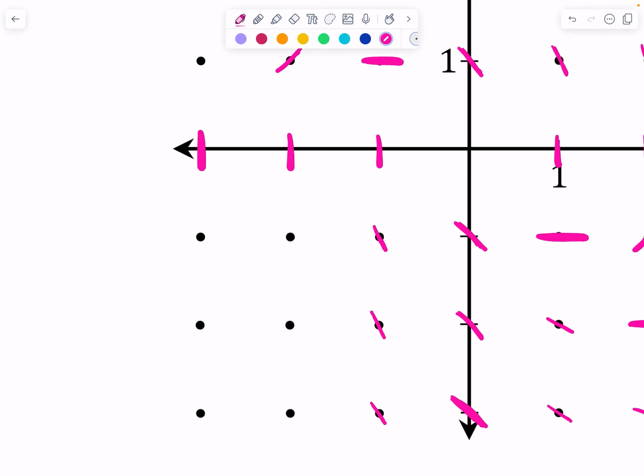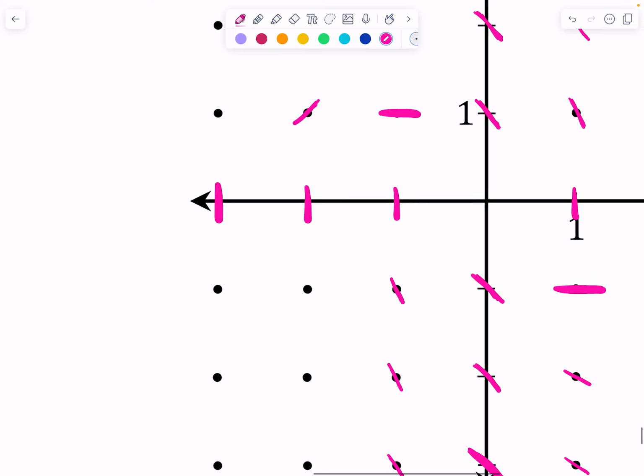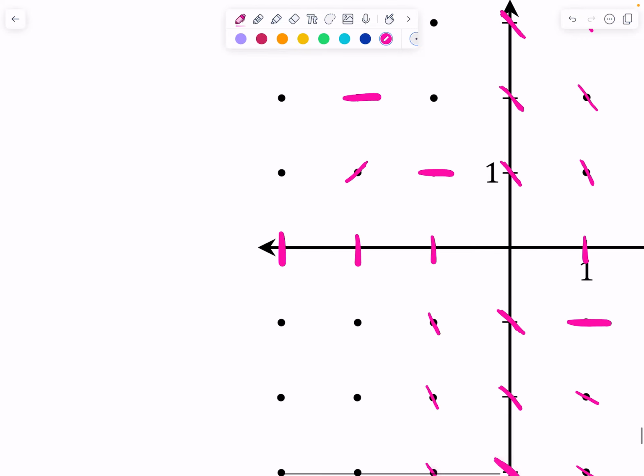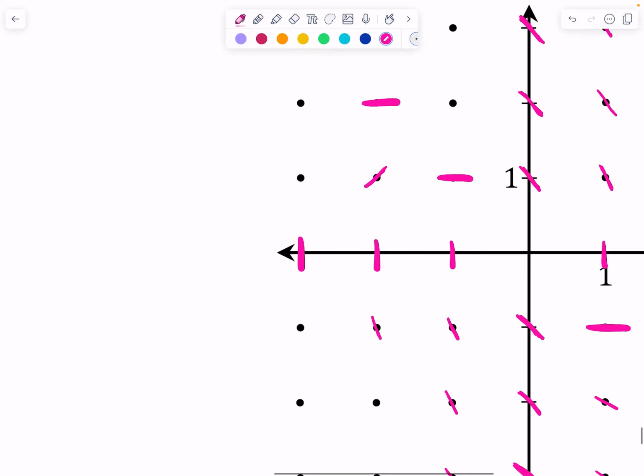Negative 2 minus 1. Oh my gosh. Was I even doing this correctly? Yeah, I think so. Negative 2 minus 1 is negative 3. What's over here?